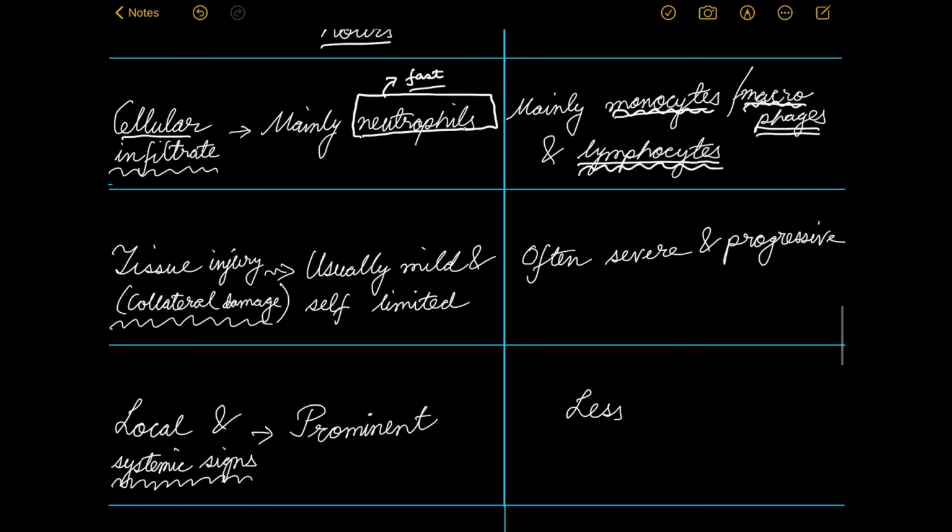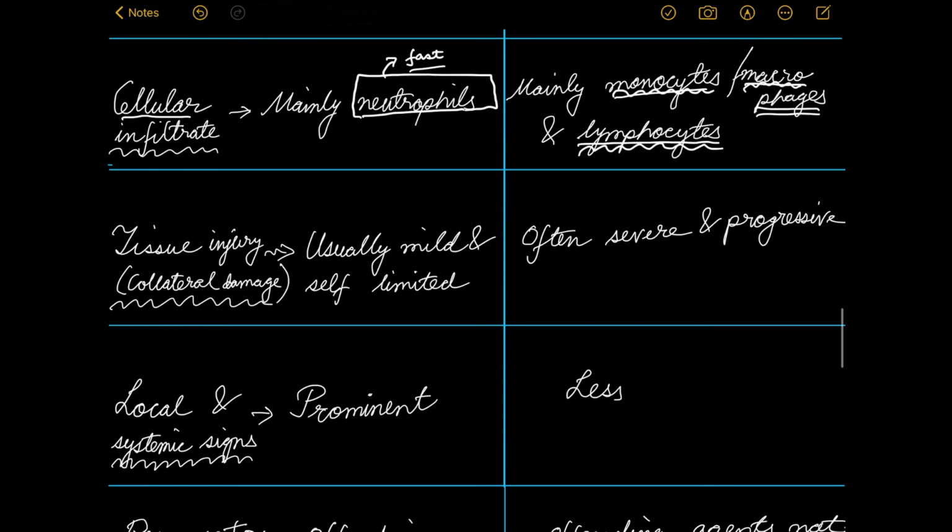Now, for inflammation as a whole, when I was talking about its definition, I had said that there is always some collateral damage. It's a double-edged sword. In acute inflammation, this collateral damage to the host tissue is usually mild and limited.